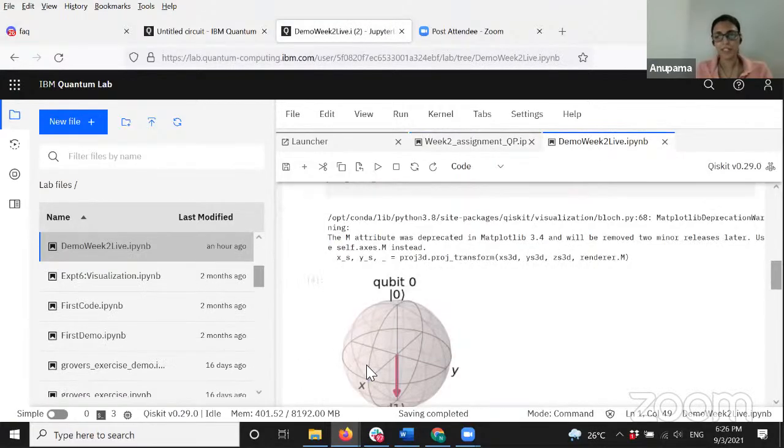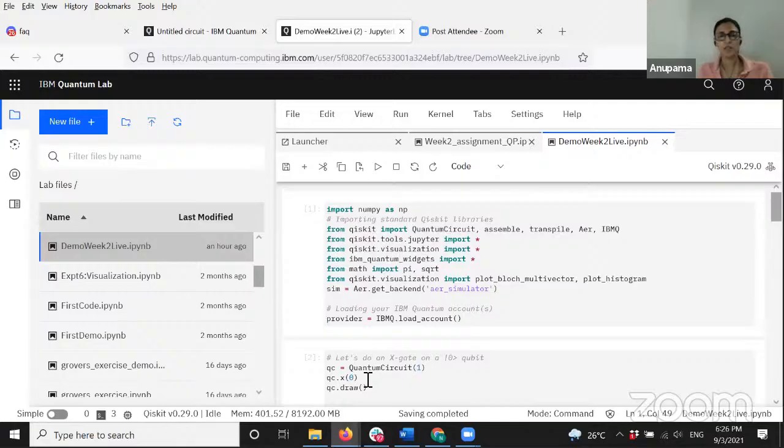So I've just created a little circuit in here. A couple of people had this question that whenever you are hitting the plus new cell, the cell is not appearing, and I think that problem has been sorted. A couple of lines will already be there.